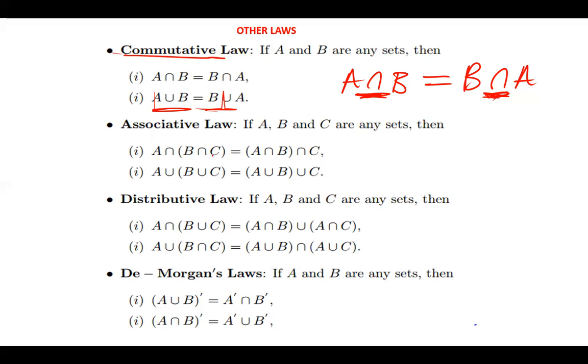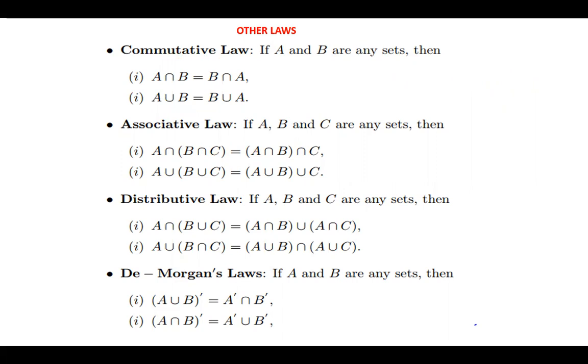And then the associative law just deals with the arrangement of brackets, in short. If the brackets were on B and C, in this case, they'll be on A and B. So if you get the same answer on the left-hand side and on the right-hand side, it means that the given operation obeys the associative law.